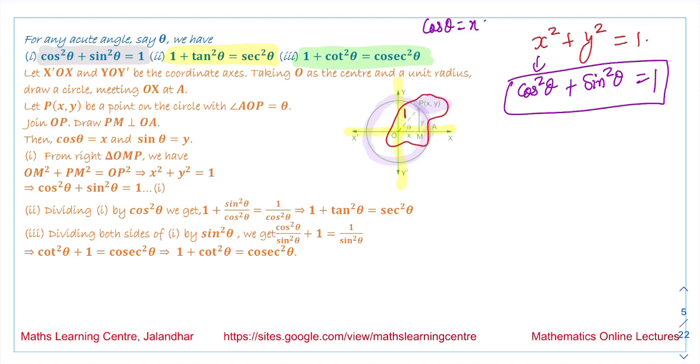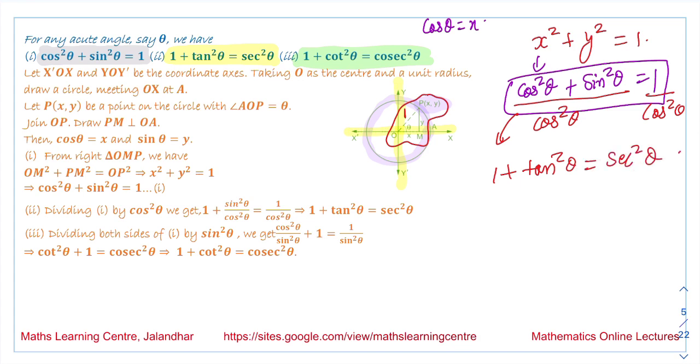Now if we divide this whole equation on both sides by cos square theta, the answer we obtain is 1 plus tan square theta is equal to secant square theta.